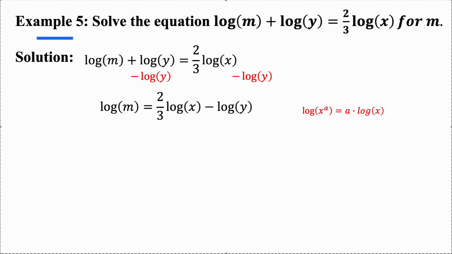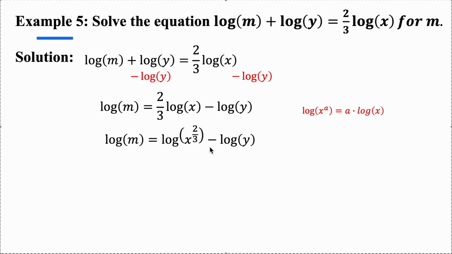So first thing we're going to do is apply this property right here. That is, if you have a logarithm of x to the a, that is equal to a times the logarithm of x. What we have in this logarithm here is this condition right here. So I need to rewrite this in terms of this, which means you take the coefficient here and put it as an exponent here. So that will give you the following condition here.